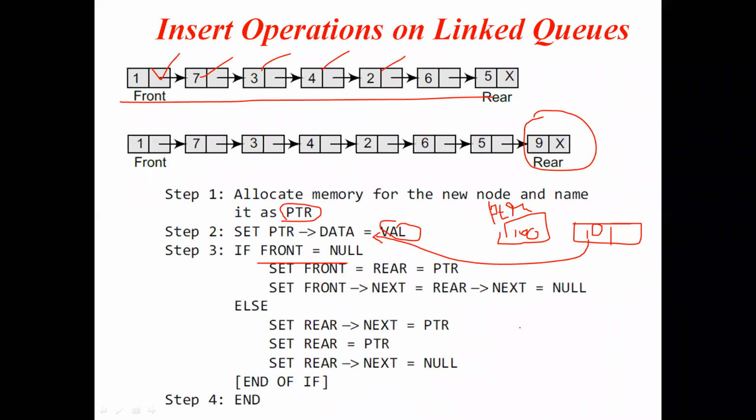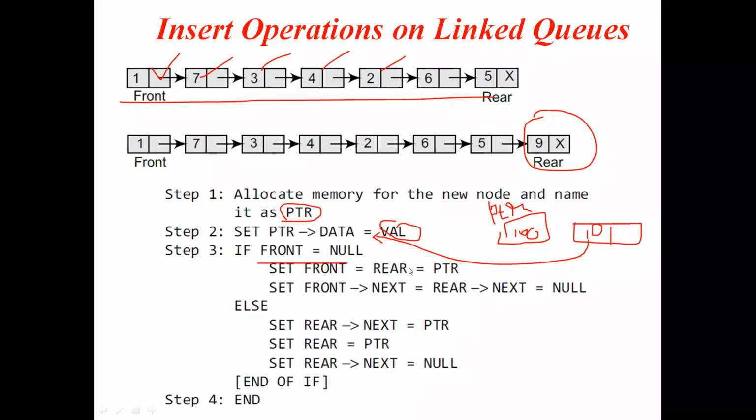Someone has chatted, one second. What is step number 2? We are assigning a value to the data field; 10 is assigned. Next, you are checking whether the linked list is empty or not. When will the if condition work?